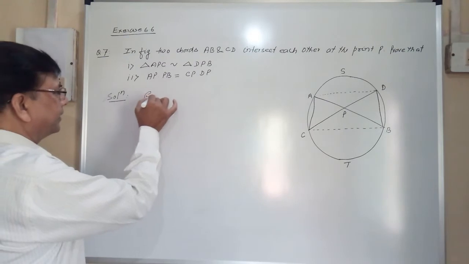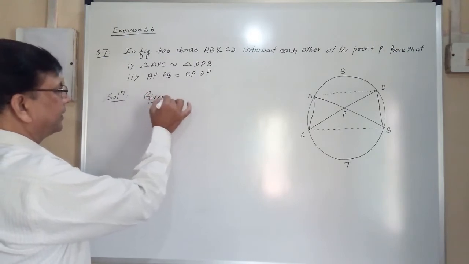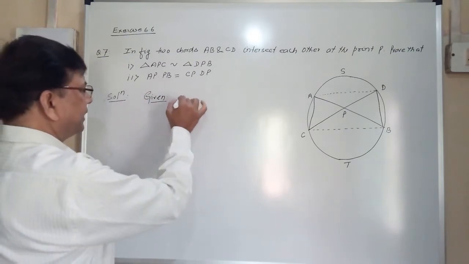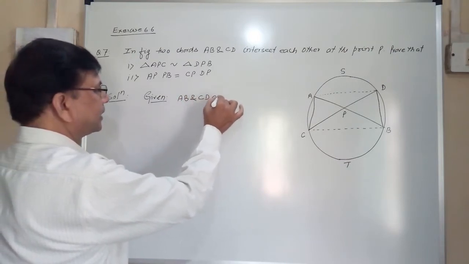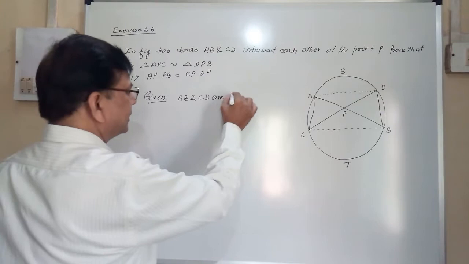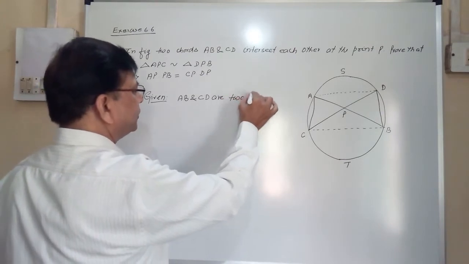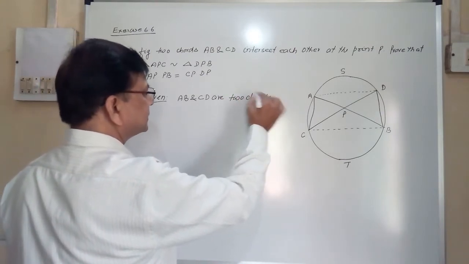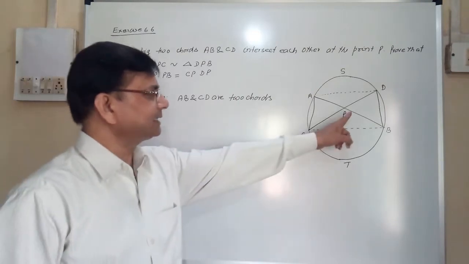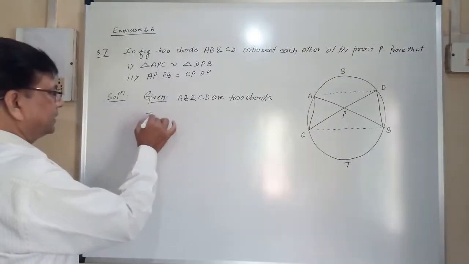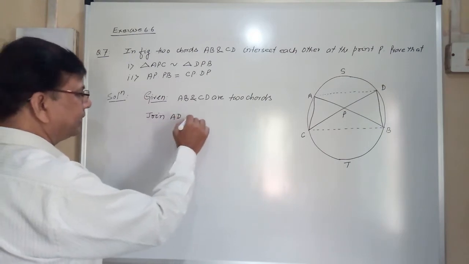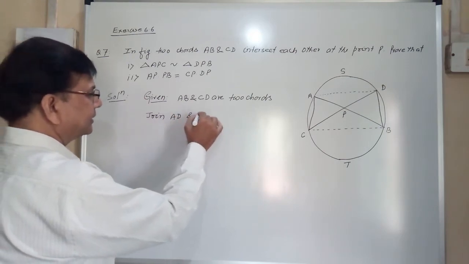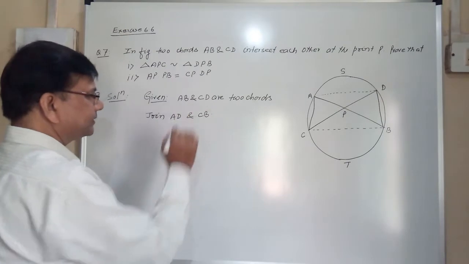Given: AB and CD are two chords and the point of intersection is P. Join AD and CB.